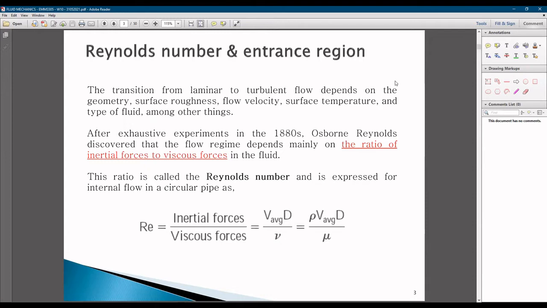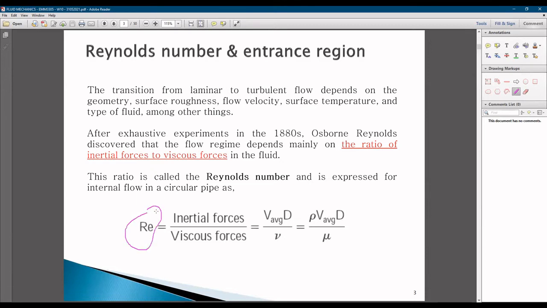After exhaustive experiments in the 1880s, Osborne Reynolds discovered that the flow regime depends mainly on the ratio of inertial force to viscous force in the fluid. This ratio is called the Reynolds number, and it is expressed for internal flow in a circular pipe as so.